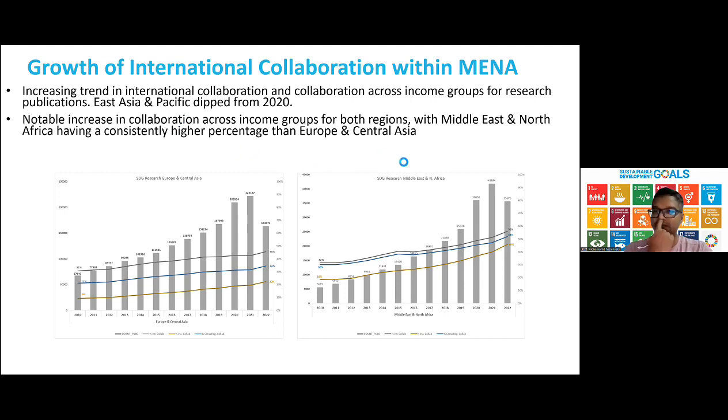For example, in Saudi Arabia, we have around 70% collaboration of our total research productivity, with the Middle East and North African countries having a consistently higher percentage than Europe and Central Asia. So this is a really encouraging push from the government and the policymaker side.